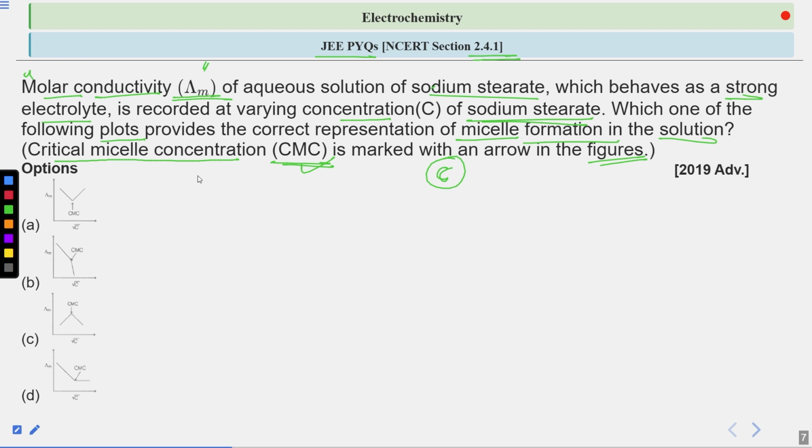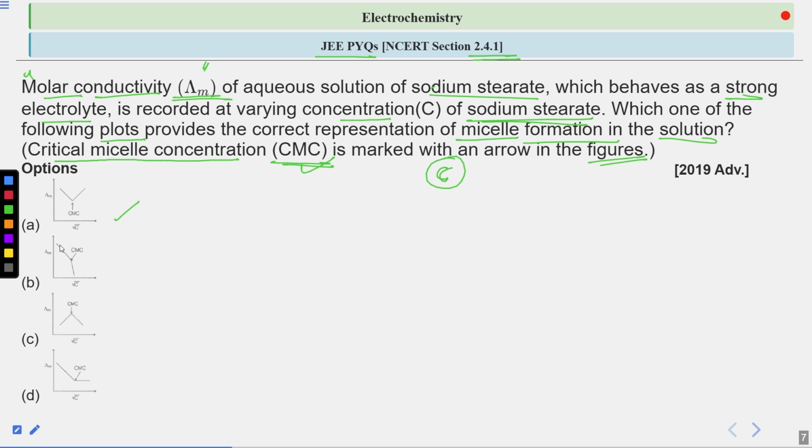This question was in the 2019 Advanced examination, and the options are: graph A, a graph between lambda m and under root c, which is two half lines intersecting with each other.